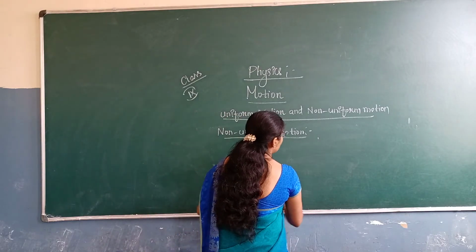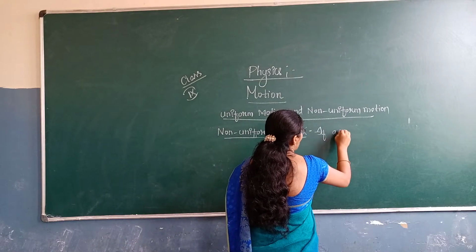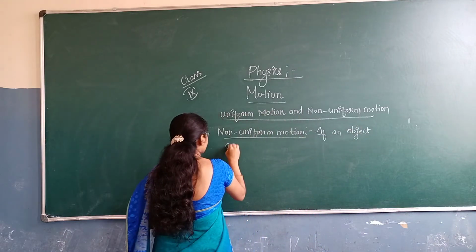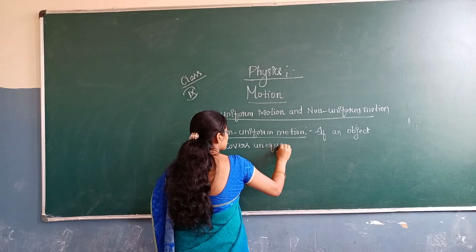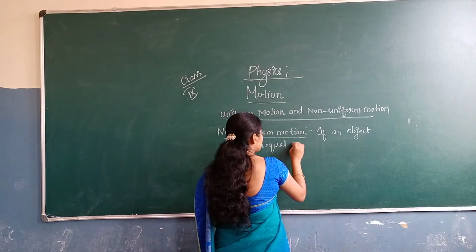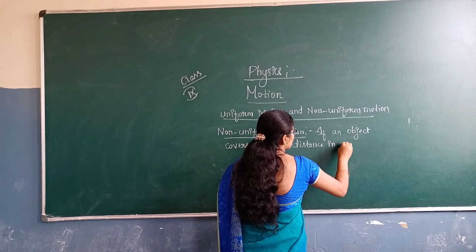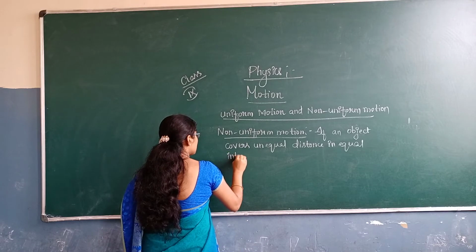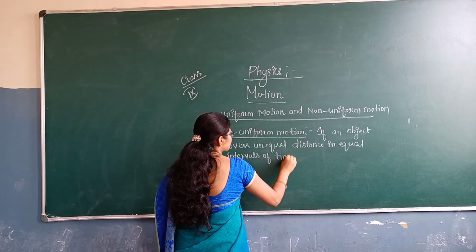So let me write down the definition. If an object covers unequal distance in equal intervals of time.